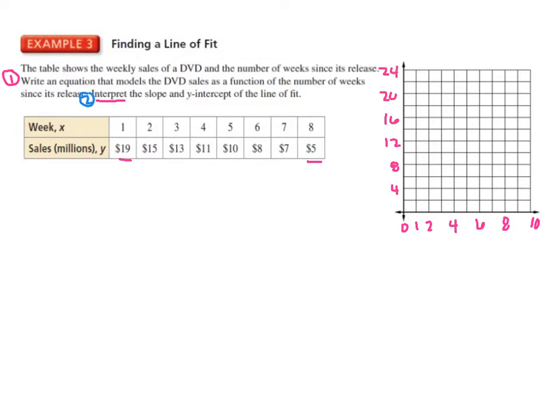I also want to make sure I label my x and y axis. So my x-axis was the number of weeks after release, and the y-axis was the sales in millions.